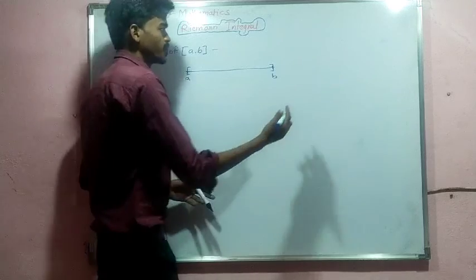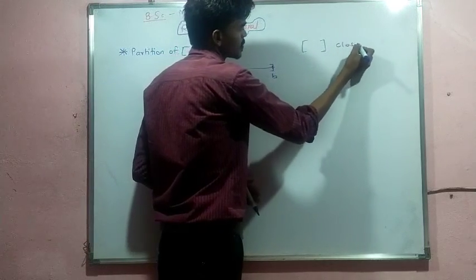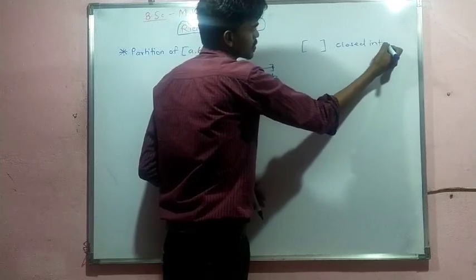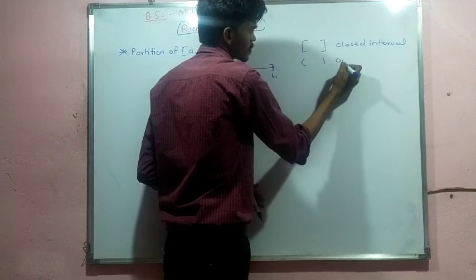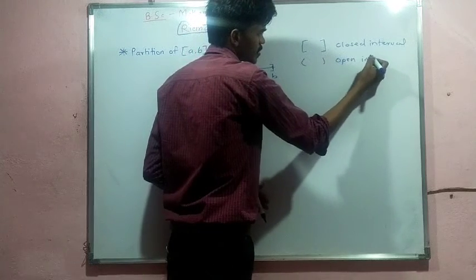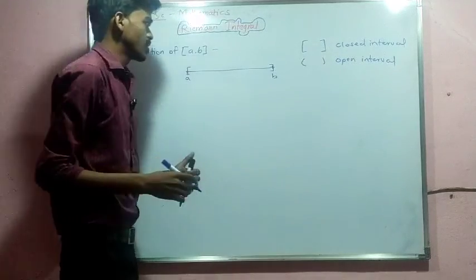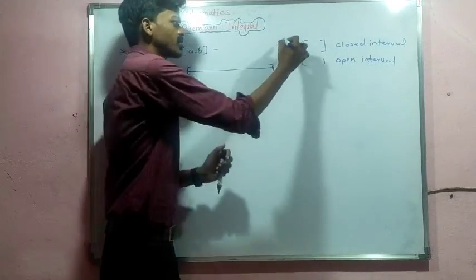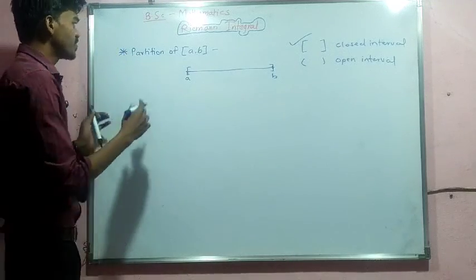So this is called a closed interval. Open brackets are called an open interval. In this topic we need to discuss closed intervals, like A and B.